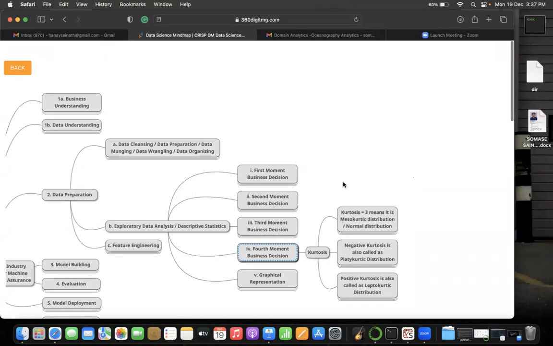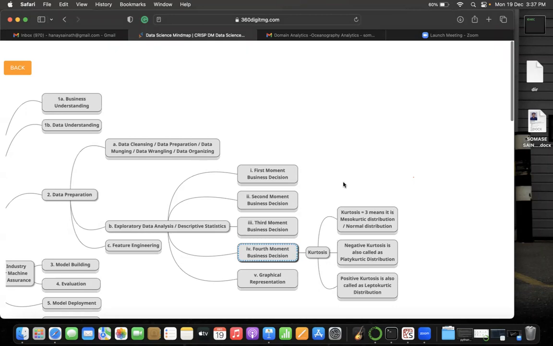Then we have the fourth business moment. Here we have kurtosis. Kurtosis is an estimation of the peak of the curve.